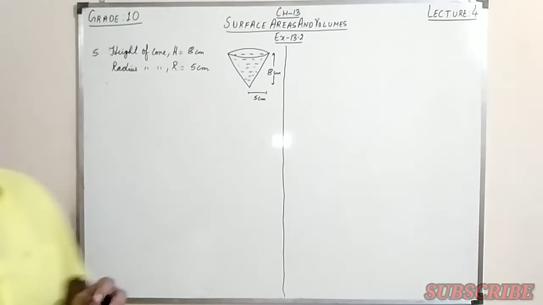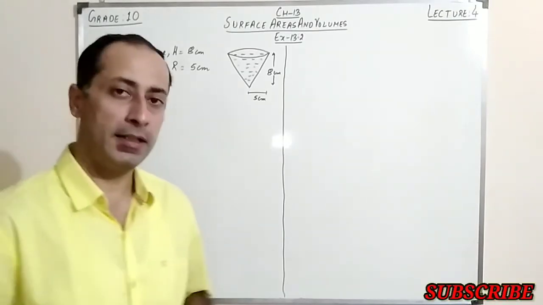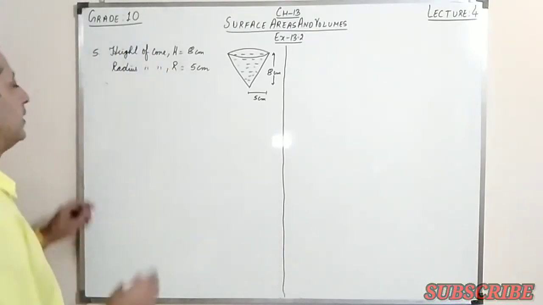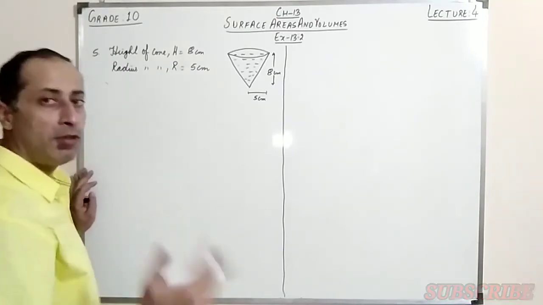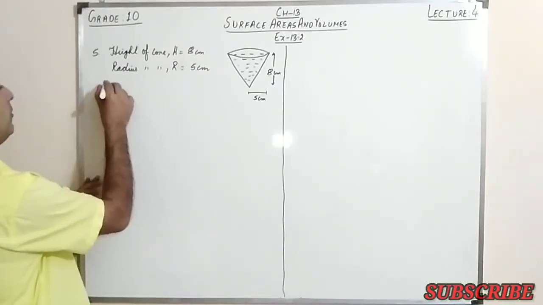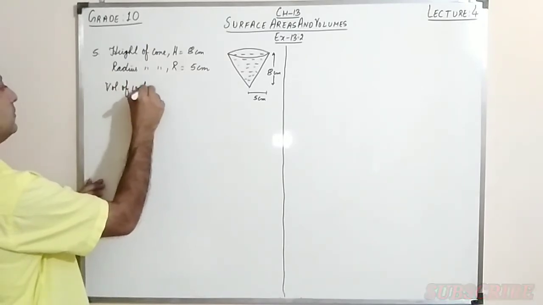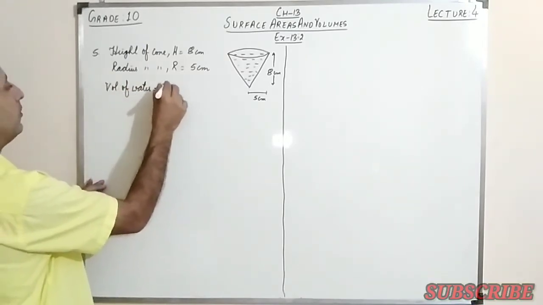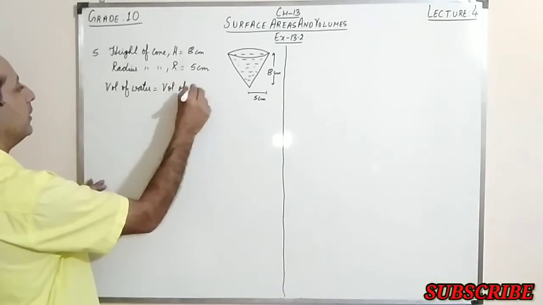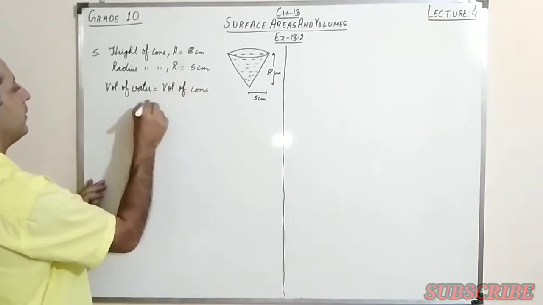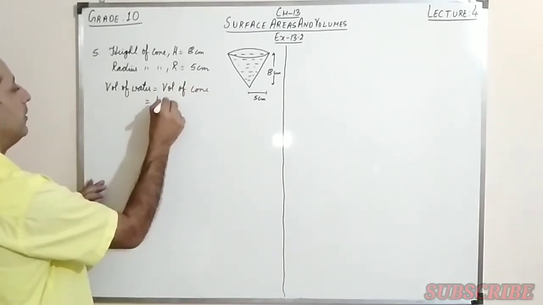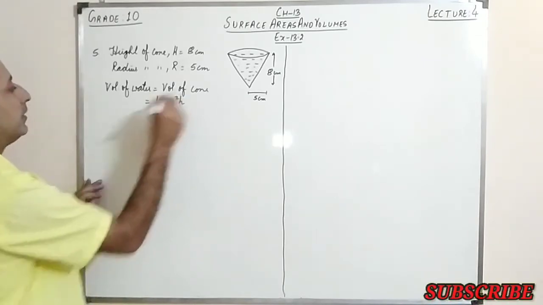Now let's find out the volume of water inside the inverted cone, right? The volume of water will obviously be equal to the volume of the cone. The formula is 1/3 pi r square h.